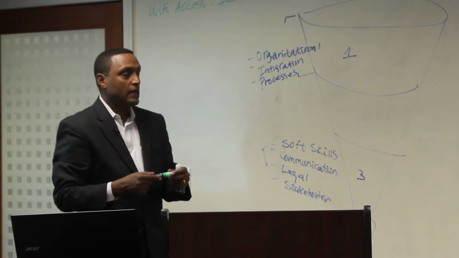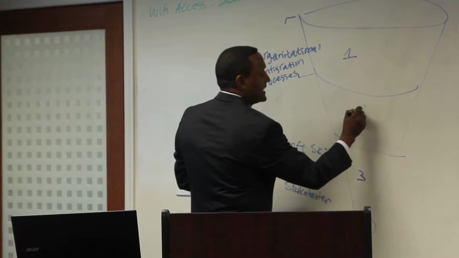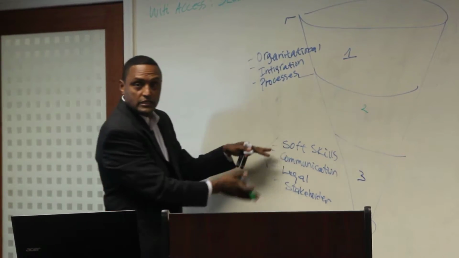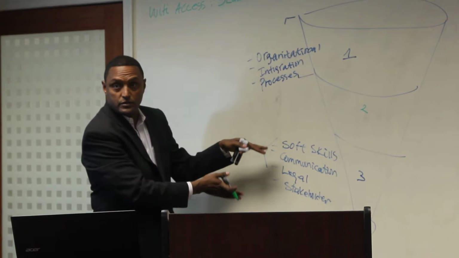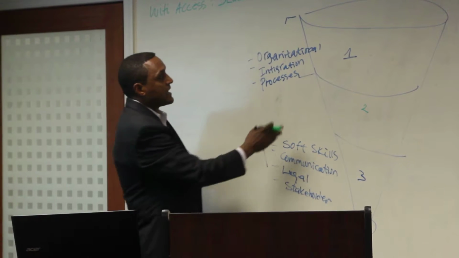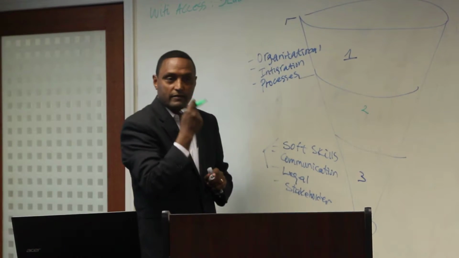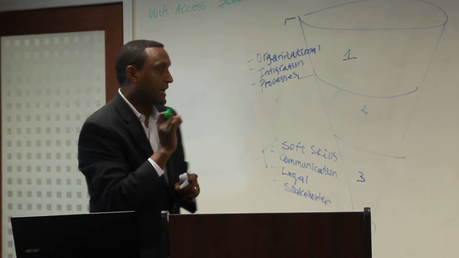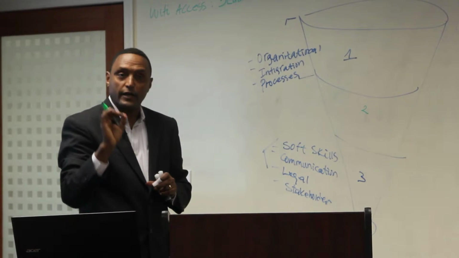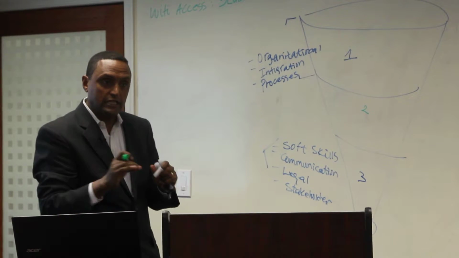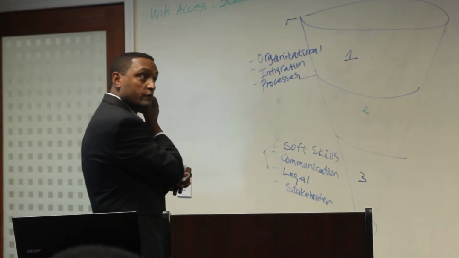So today we're going to discuss the second section. This is something which we're going to discuss probably in the next 2 or 3 Saturday classes. The second part is the technical part. Technical means that we're going to go into the actual tools, techniques, and methodologies for managing that.